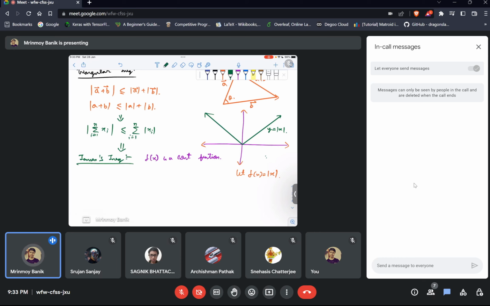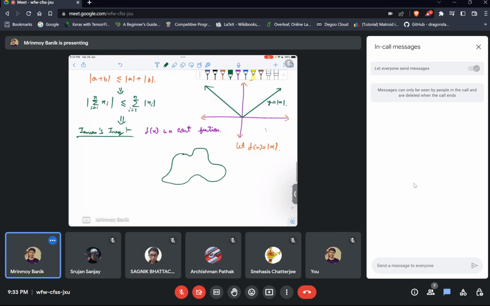So what is the idea of a convex function? Well, a closed simple curve is convex if between any two points, the line joining those two points exclusively contains points inside of that curve.